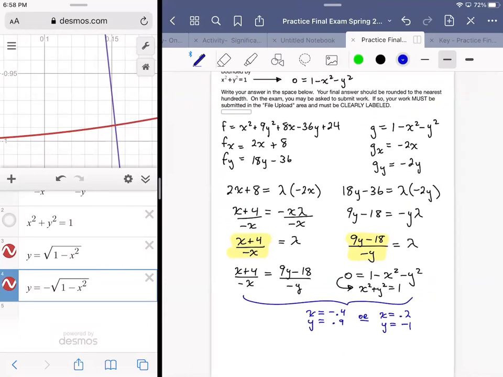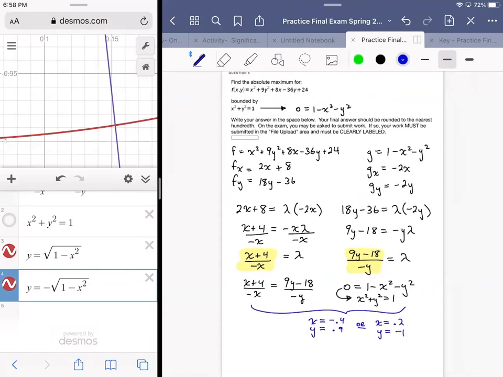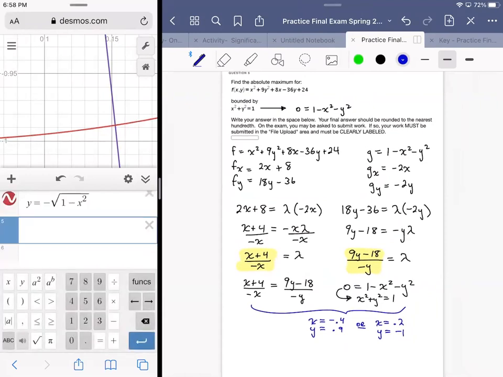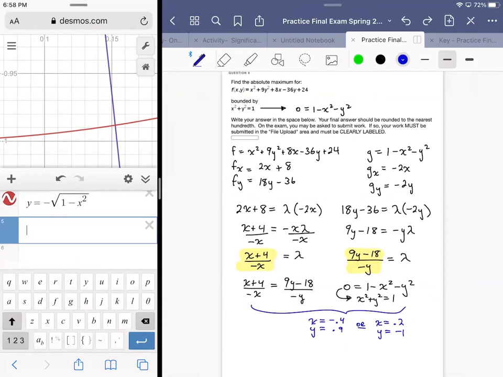All right, so then it's a matter of verifying which one's actually going to give you the larger solution. So what I'll do is rewrite this surface function in terms of a's and b's so I can just use sliders.